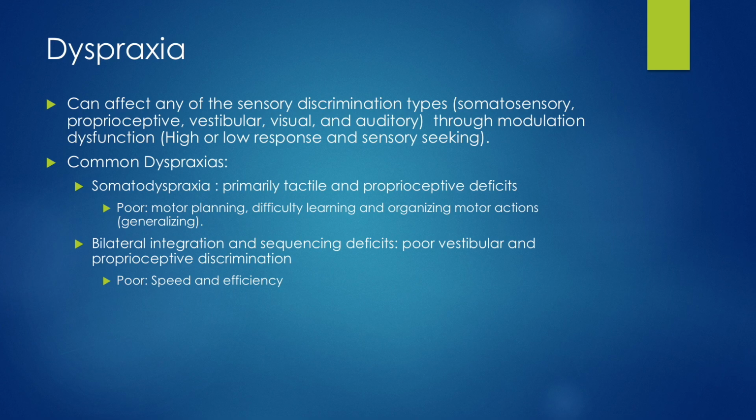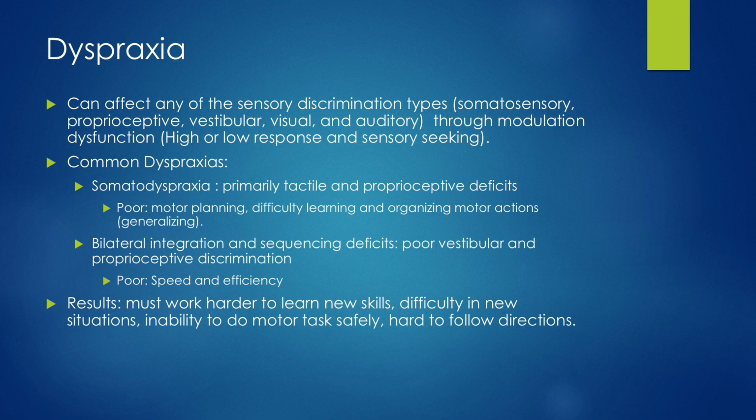The results of dyspraxia may be that the individual has to work harder than other individuals in the class, which makes it harder to learn new skills, especially in new situations, which can cause an inability to do motor tasks safely, and often it can be hard to follow directions, especially if they have an auditory deficit in which they cannot hear or do not attain verbal language.